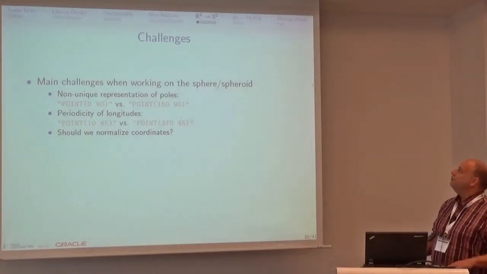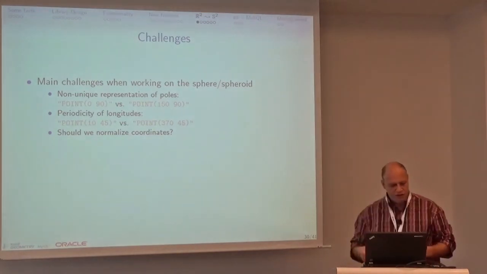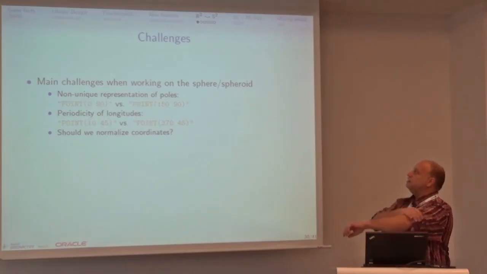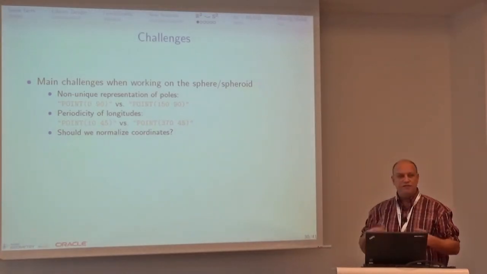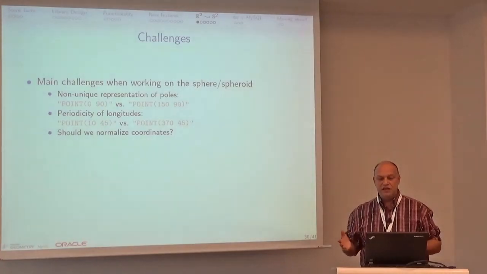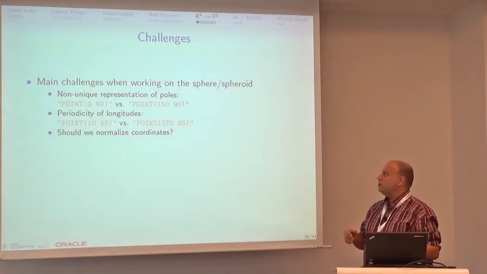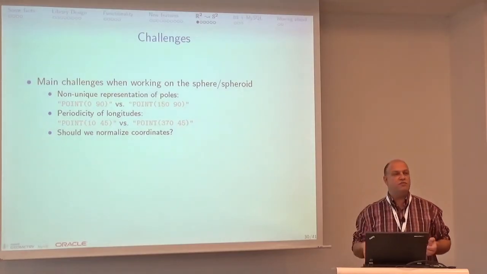So one of the things that we're currently working on, and this is really important for us, is to work on the sphere. So we have a few challenges to worry about, and the things that we're really worried about is what do we do with the representation of points.